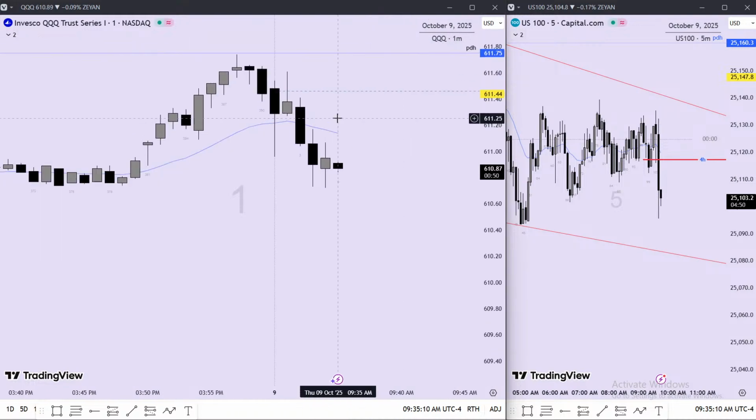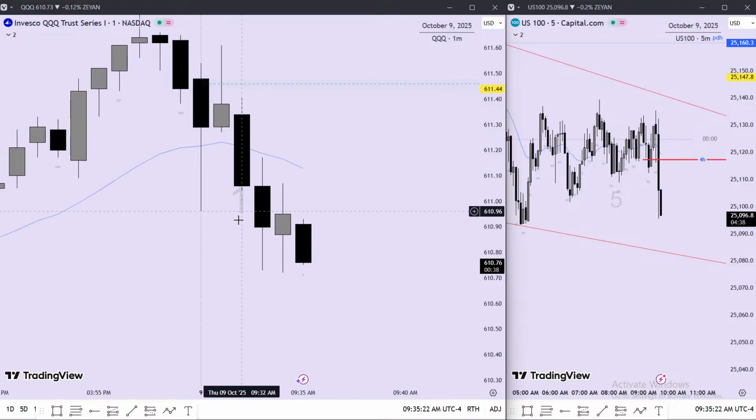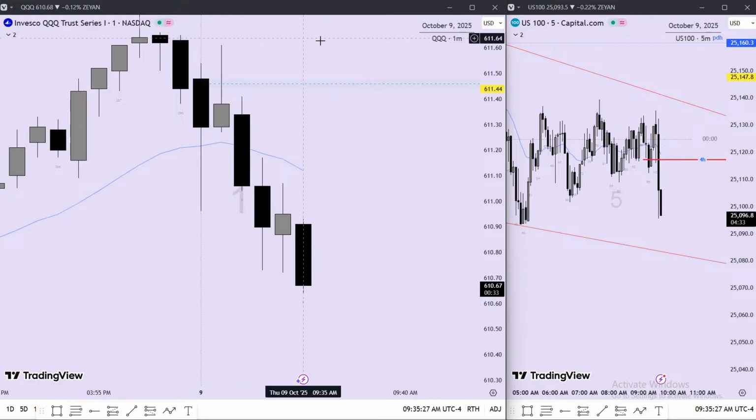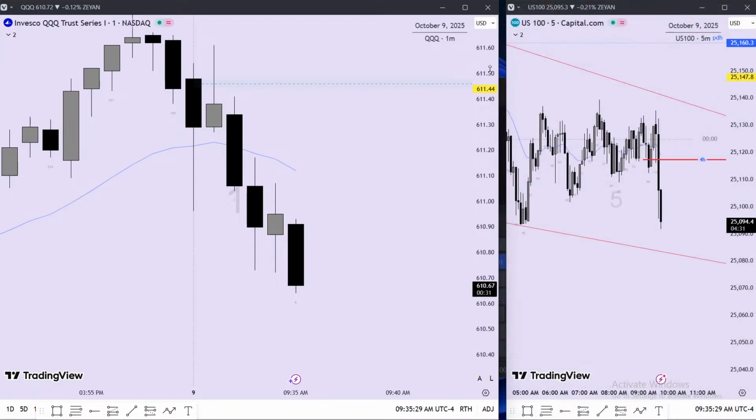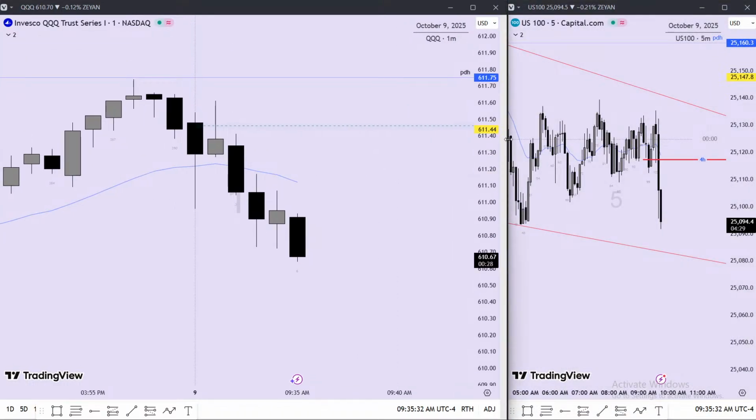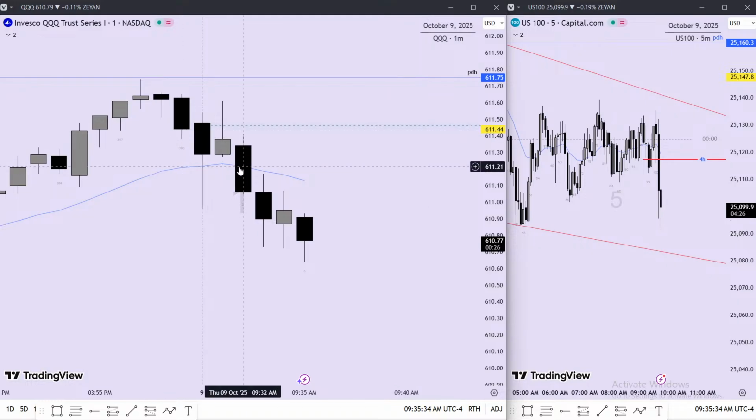The first 5 minutes closed. The first 5 bars. We've taken out the high and the low of the 1 minute. Still the high of the 5 minutes is intact, which would be 931. On the first 5 minutes we have a bearish bar, bullish bar, two bear bars, one bullish bar.